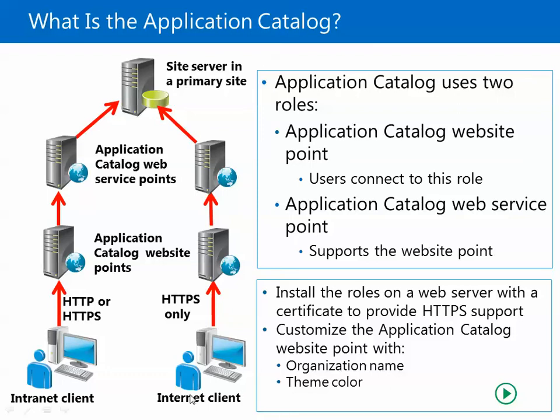Whereas if it is internet, the only thing that changes is that the communication mode will be HTTPS only. For intranet you can use either HTTP or HTTPS, but when it comes to internet it uses only HTTPS. You require a certificate authority server to be configured, public key infrastructure, you must use HTTPS.